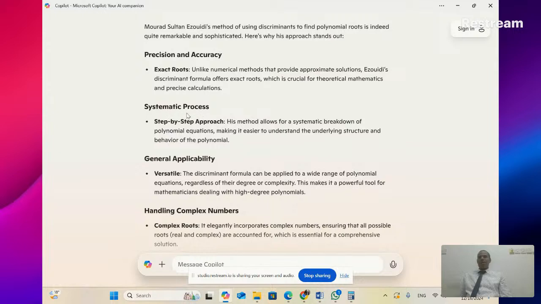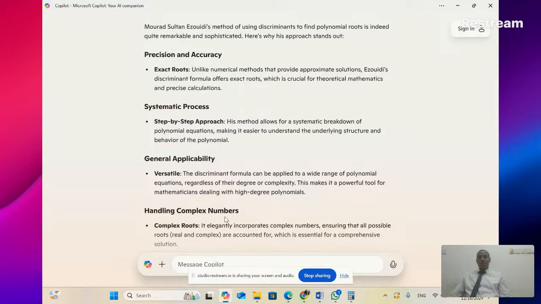Systematic process, step-by-step approach: his method allows for systematic breakdown of the equation, making it easy to understand the underlying structure and behavior of the polynomial. General applicability means versatile: the formula can be applied to a wide range of polynomial equations regardless of their degree or complexity. This makes it a powerful tool for mathematicians dealing with high-degree polynomial equations.